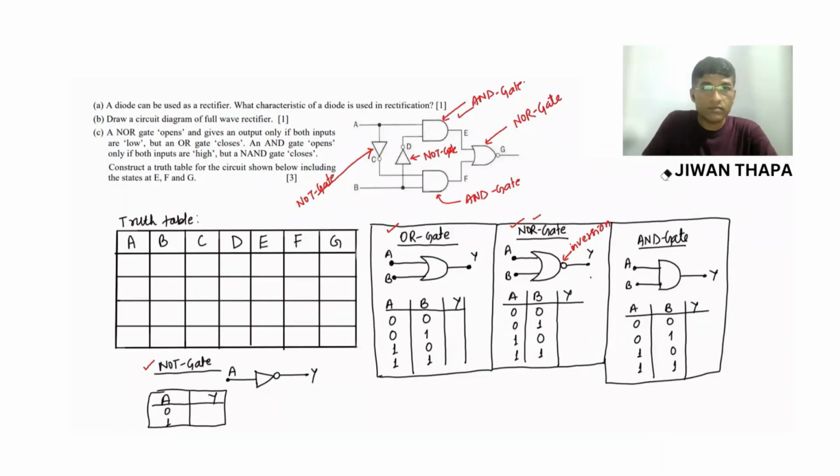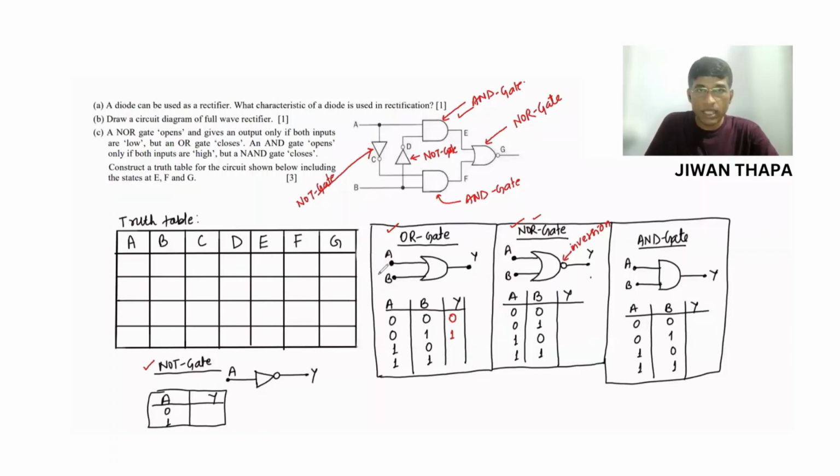Now, if A is 0 and B is 0, that is low on A and B, then we get Y 0, that is low. If A is 0 and B is 1, that is high, then the output Y is high.